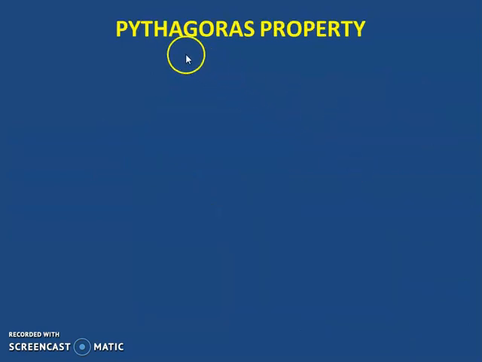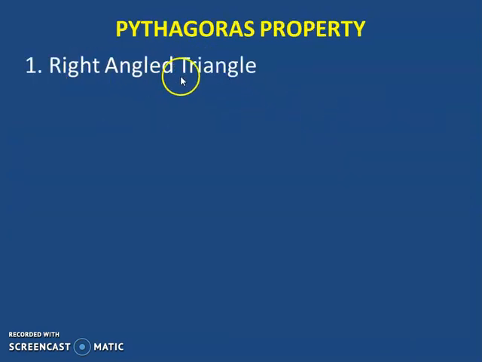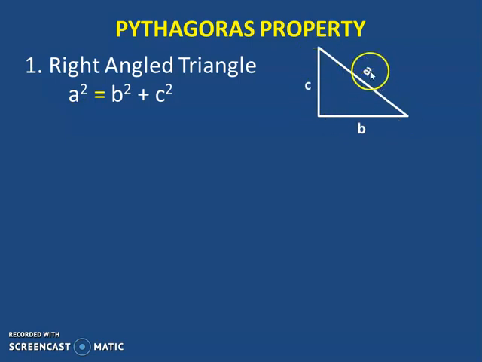So for a right angle triangle, if any lengths have been given, the Pythagoras property holds. Here this is the right angle triangle, this is the A length, this is the C length, this is the B length, and the opposite side A is the hypotenuse.